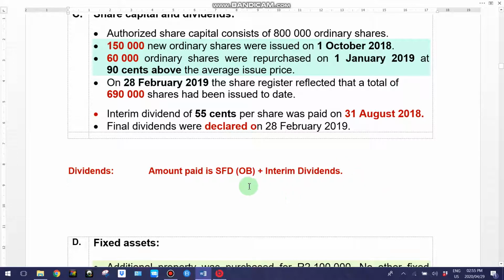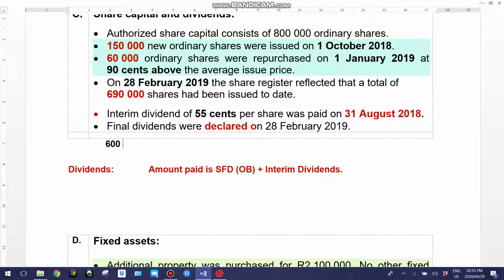This 55 cents would apply only to the opening balance. So there you'll take your 600,000 shares, you'll say times 0.55, and that would be your interim dividends, and you multiply that out and you get 330,000. So 330,000 rand would be your interim dividends in this example here.